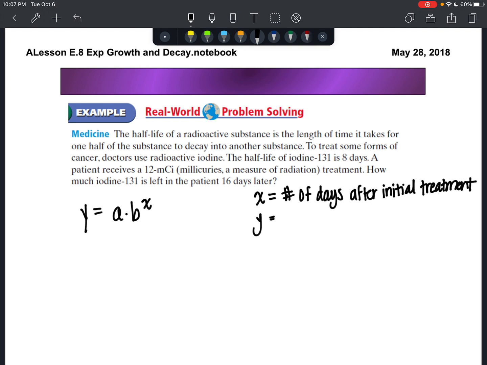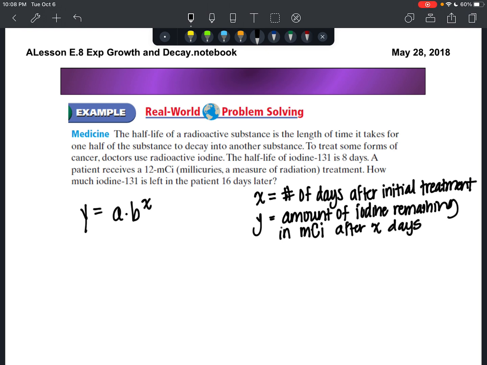And our output is going to be the amount of iodine remaining in millicuries after X days.